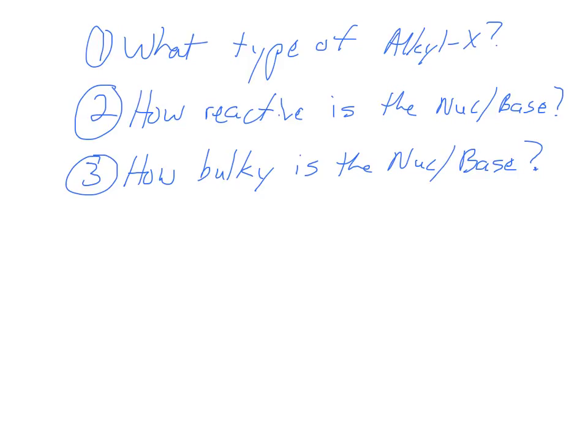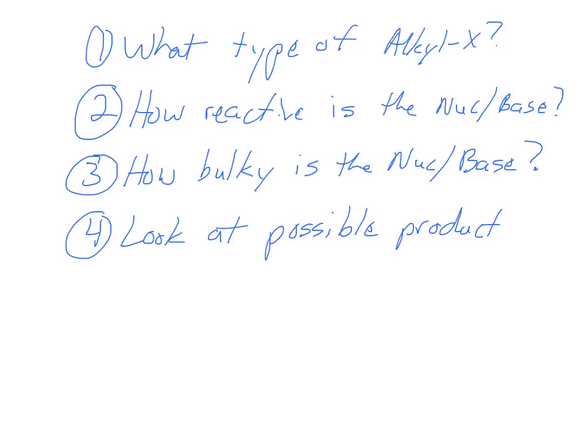And maybe the fourth thing I'd ask myself, I would look at possible products. If you're still stuck, you're like, I don't know if it's an elimination or substitution, I don't know if it's E1 or... You should at least have it narrowed down between the 1s and the 2s, either E1 or SN1, or E2 or SN2. And if you still don't know, I would look at the possible products.